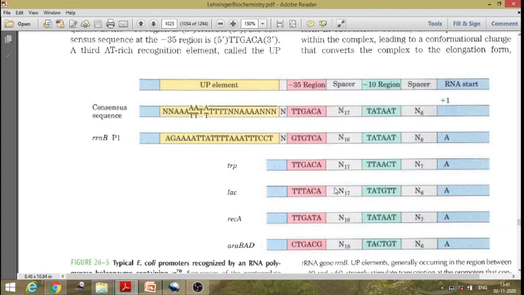There is a slight variation in the number of nucleotides: the spacer region between -35 and -10 is from N16 to N18, and the spacer region between -10 and the transcription start site is from N6 to N8. So the spacer between the -10 region and the RNA start site has 6 to 8 nucleotides.